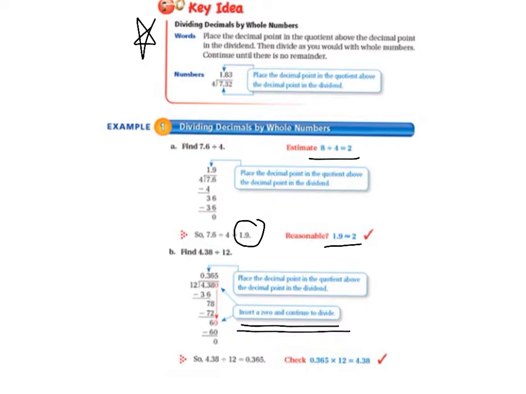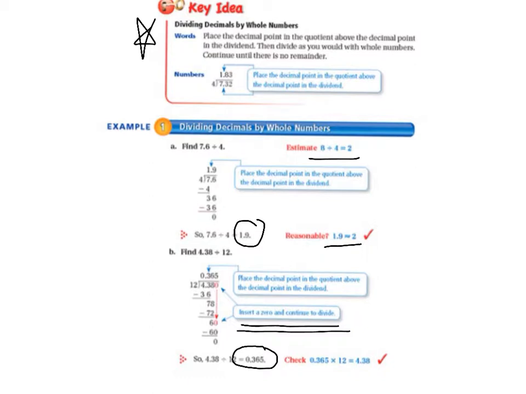And we have to check our work. 4 and 38/100 divided by 12 equals 365 thousandths. Does that make sense? The way you determine if that makes sense is by checking your work. And you check your work with the division problems by multiplying your quotient and your divisor.